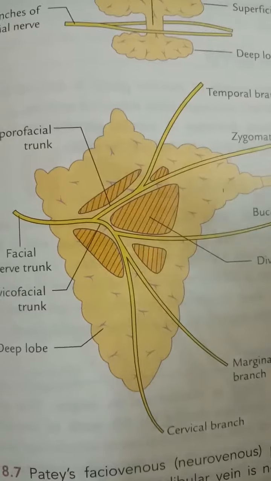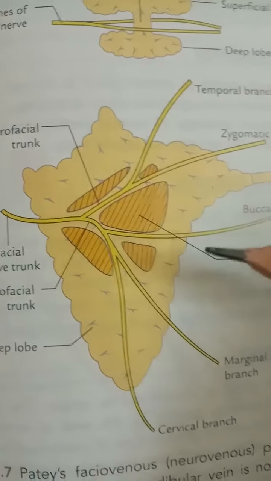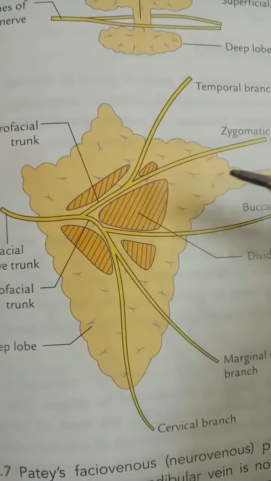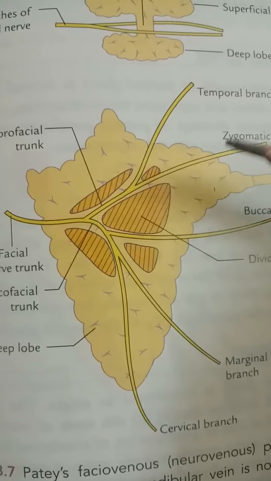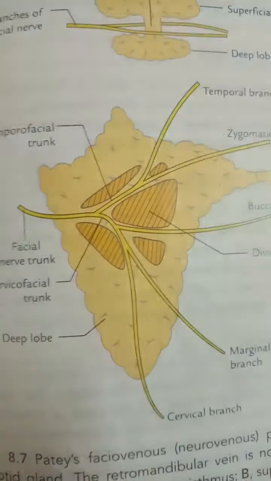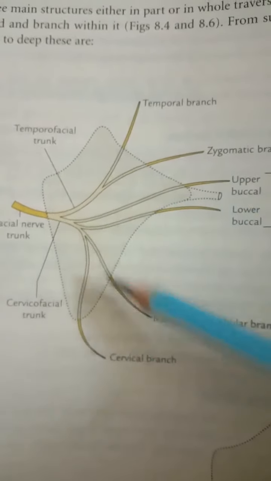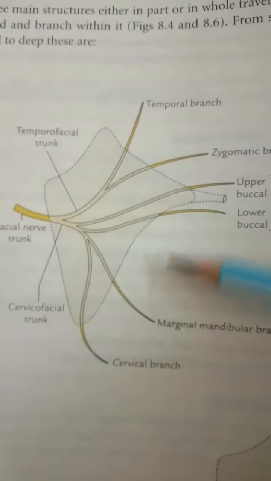Next, the structures present within the parotid gland. There are three main structures that either in part or in whole travel through the gland and branch within it. First is the facial nerve. So here you can see the branches of the facial nerve.